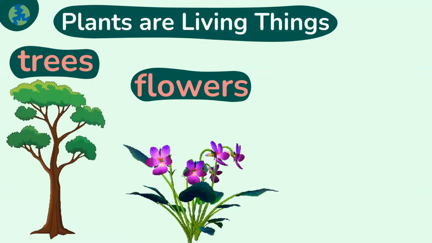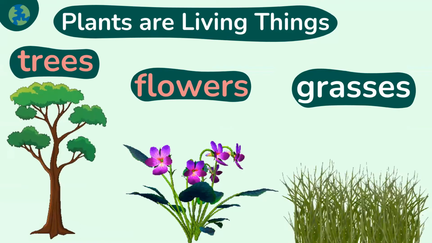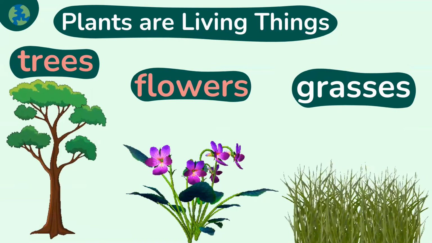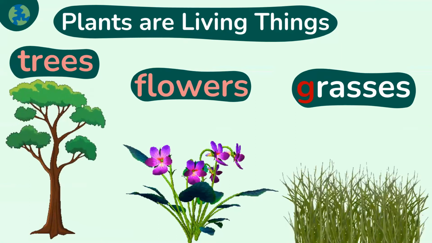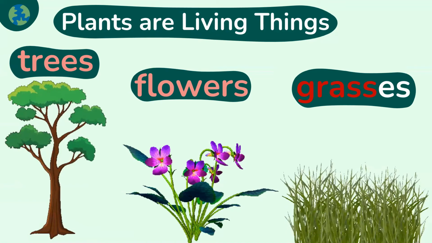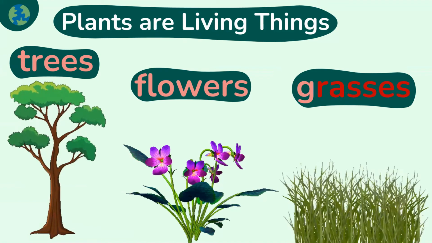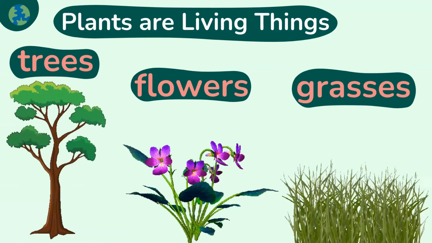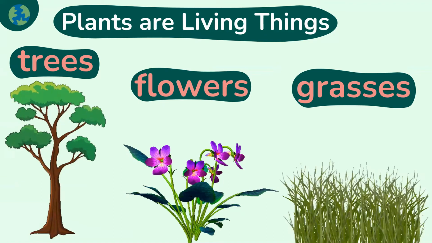F-L-O-W-E-R-S. Flowers. Another example is grasses. Let's spell the word grasses. G-R-A-S-S-E-S. Grasses. So those are living things.